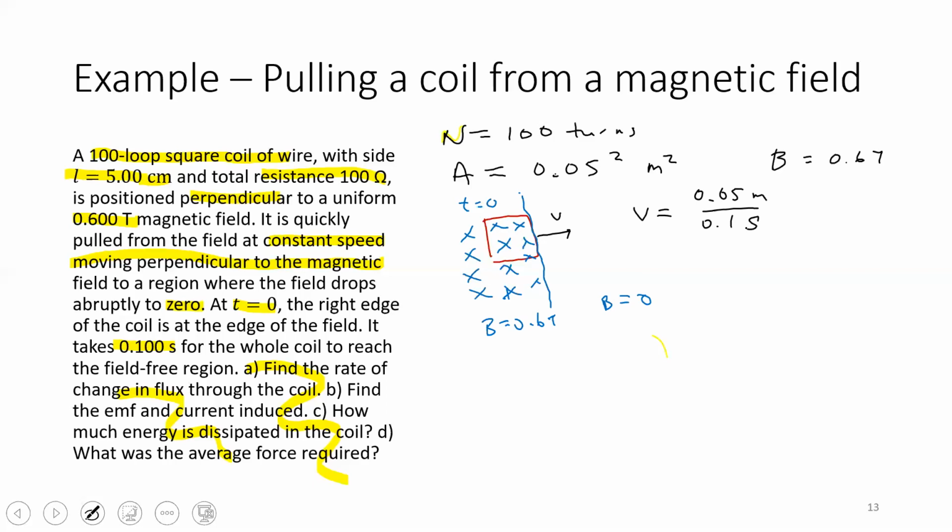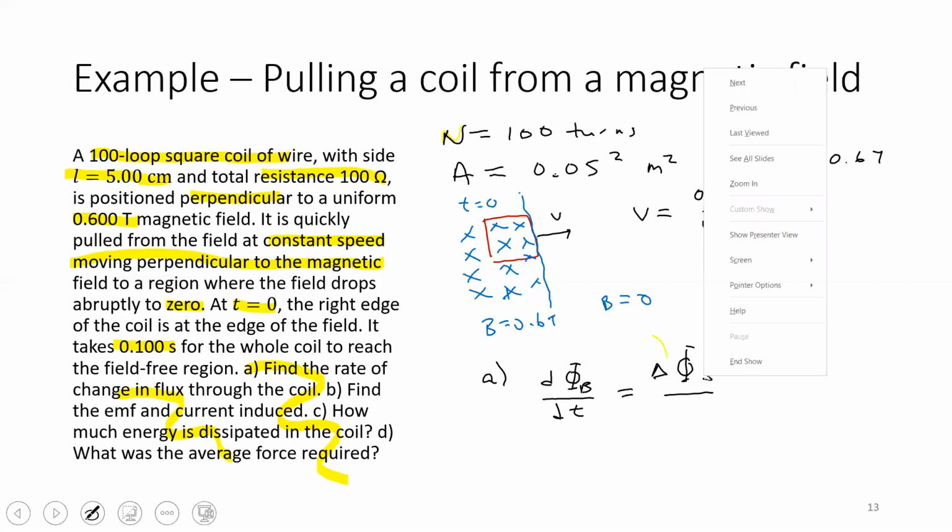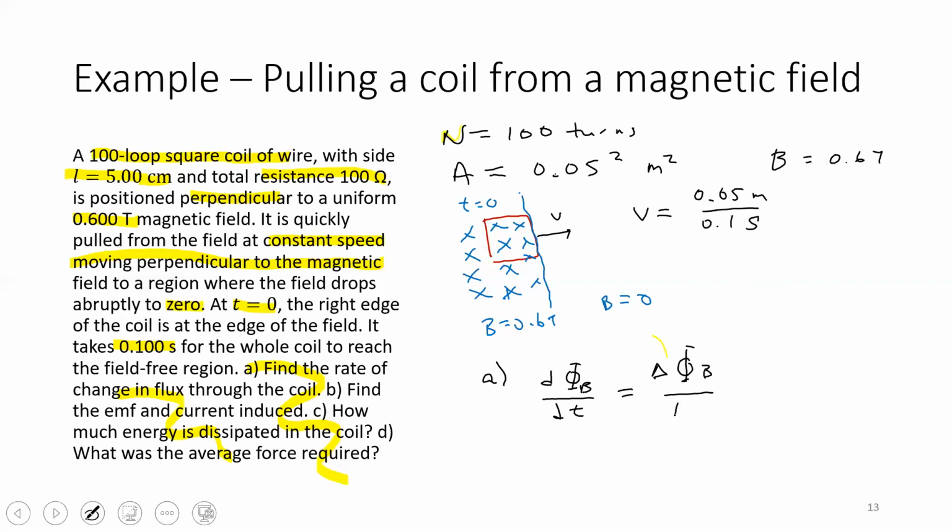So we want to find the rate of change in flux through the coil. So we want to find this. So since we know that our velocity is a nice, easy, simple, reasonable, steady velocity, we can write a delta instead of a d phi dt.